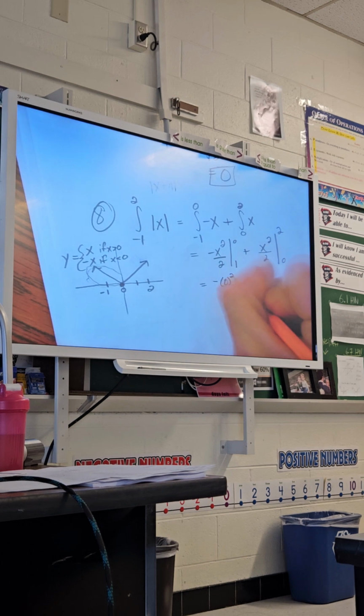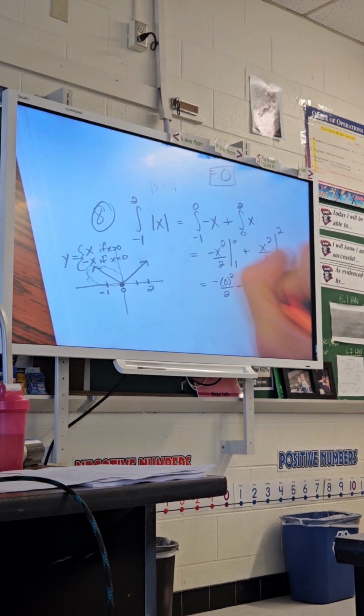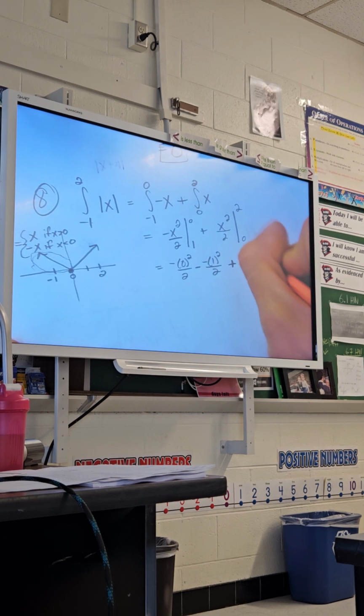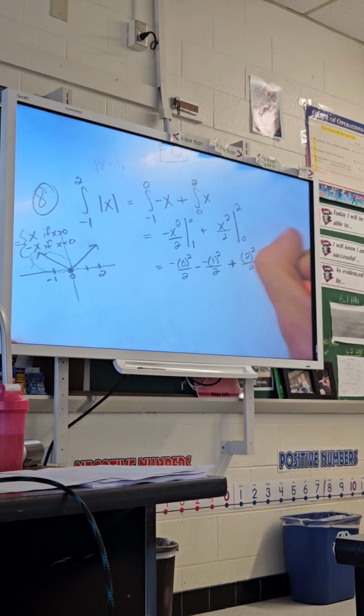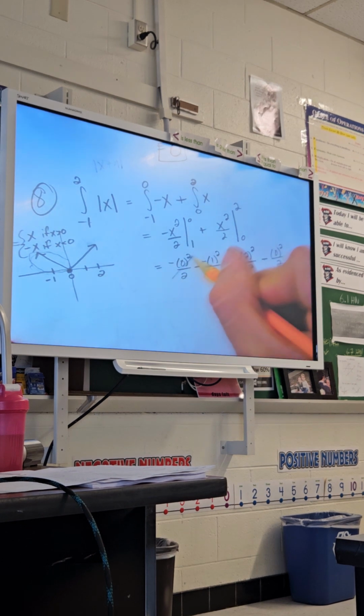Negative 0 squared over 2 minus negative 1 squared over 2 plus 2 squared over 2 minus 0 squared over 2. We like 0 in math, y'all. A lot of times 0 makes everything so easy.